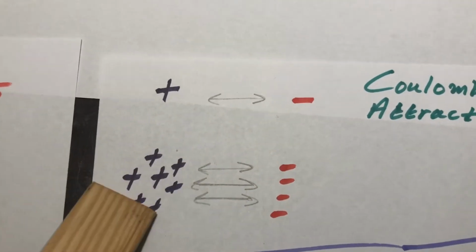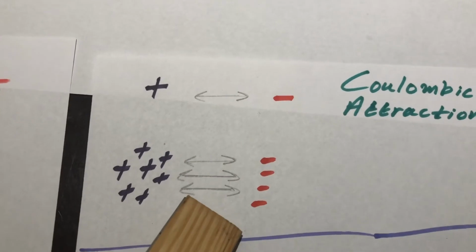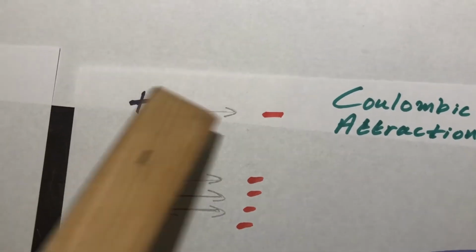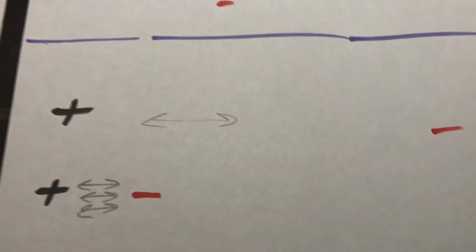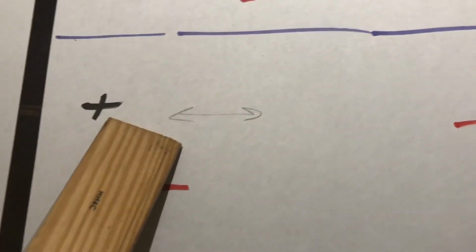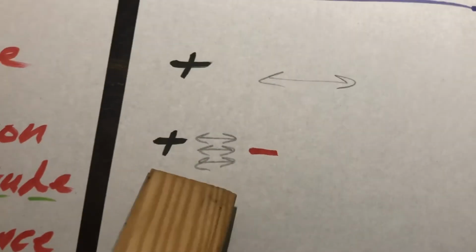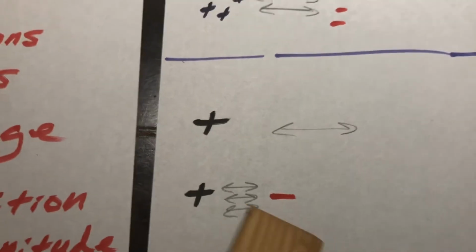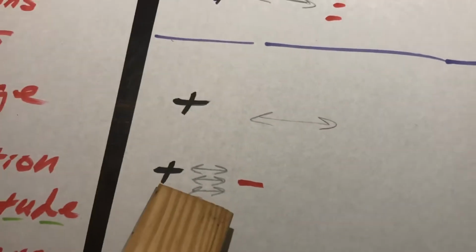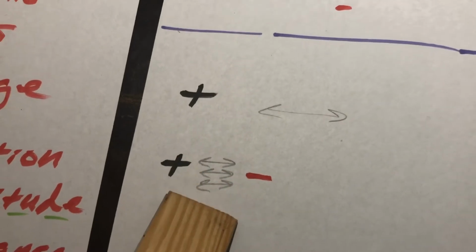The more positive, the more negative you have attracting each other, the stronger the attraction, as opposed to just a lower number of positive and negative, okay? And also, folks, distance. We have one proton here, we have one proton way over there, right? Versus one proton here and one proton there. Now, one electron there. Now, this situation, the second one right here, would have a stronger attraction.